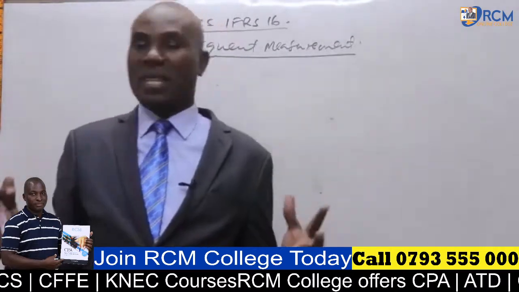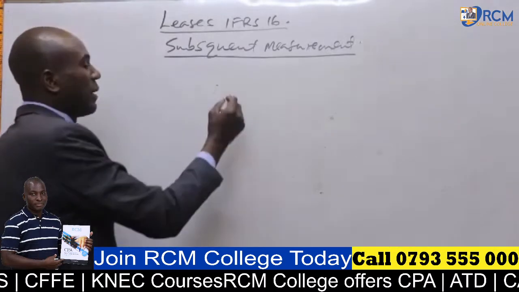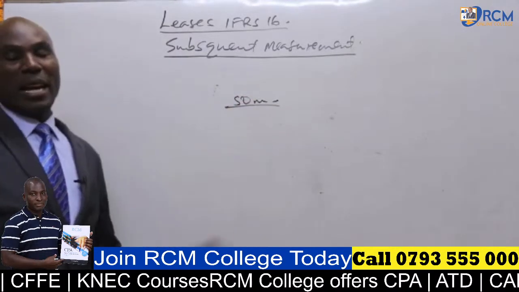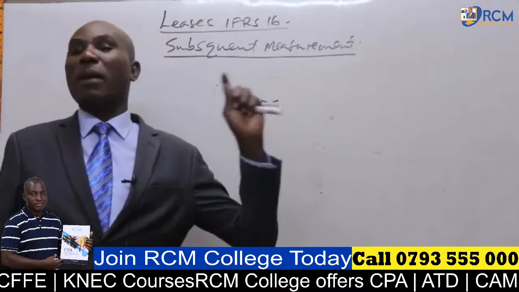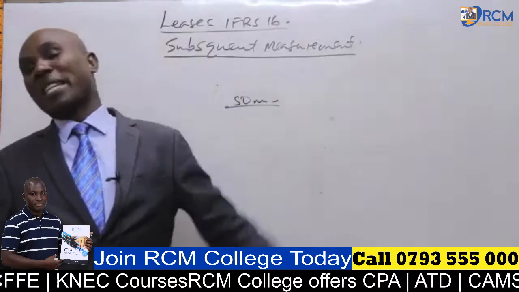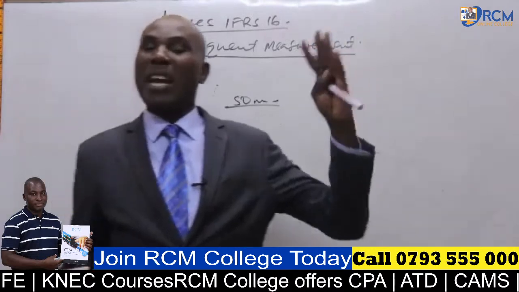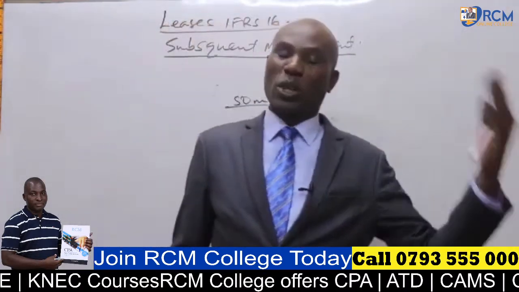Subsequent measurement means like this. Now, after I have recognized like 50 million from this asset on initial recognition, will I recognize 50 million in my books up to 20 years to come? Definitely no. At the year end, I need to recognize this asset in the books, and the other year, I need to recognize it.